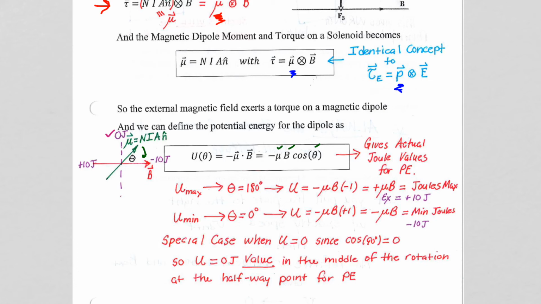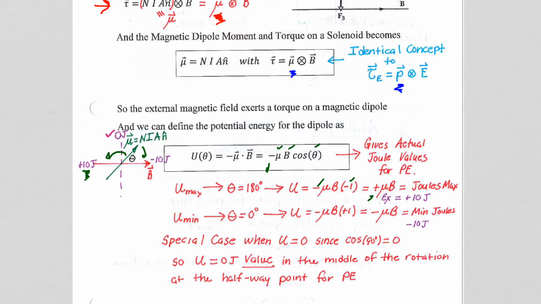So when we rotate this N hat vector back 180 degrees, or just a smidge under 180 degrees, we are at our maximum joule value, right? So we have the negative 180 and the negative up front are going to give us our positive, our maximum joule value, and I just chose 10 joules as an example here. So we're just working with numbers to make our discussion easier.